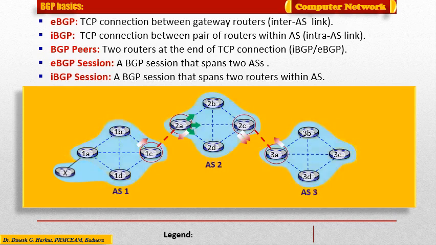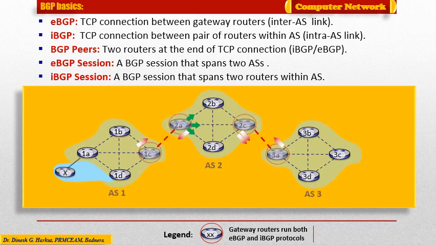There is typically one such BGP TCP connection for each link that directly connects two routers in two different ASes. This is a typical TCP connection which connects two routers in two different ASes.